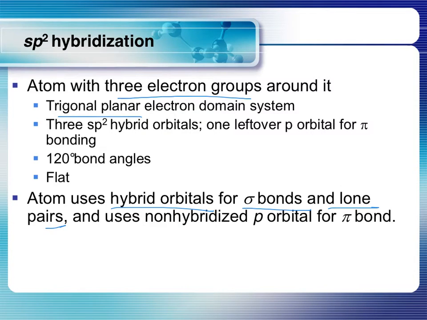What's different starting with sp2 is that we have a leftover p orbital, which we'll call non-hybridized. What is that p orbital used for? It turns out it's used for pi bonds. You may have heard the expression sigma bond and pi bond. So we're about ready to learn the difference between those two.